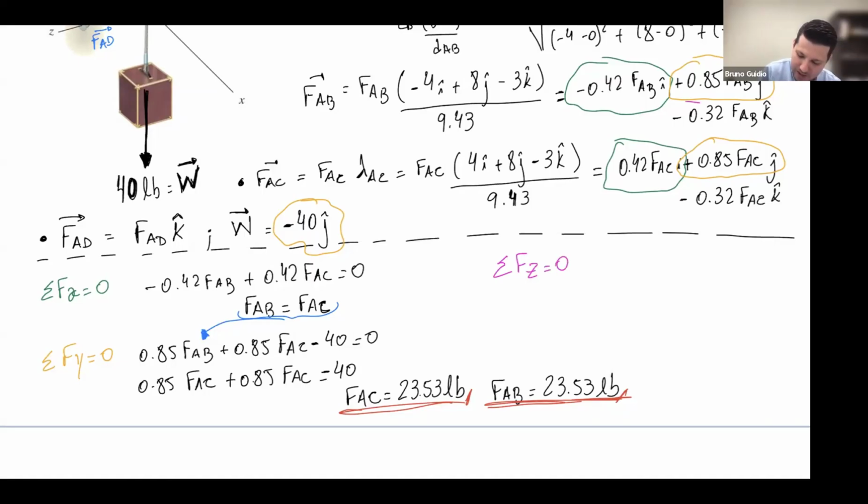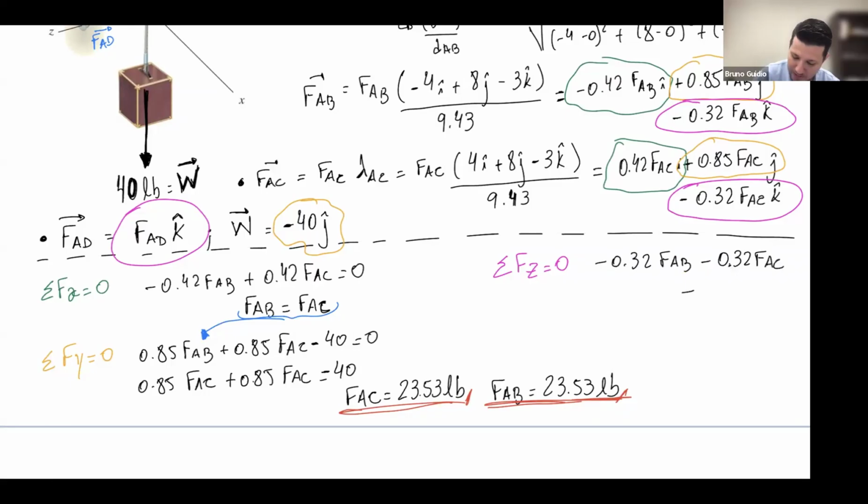What do I have in Z? Negative 0.32, negative 0.32, and this one over there. So negative 0.32 FAB, negative 0.32 FAC, plus FAD should be 0.